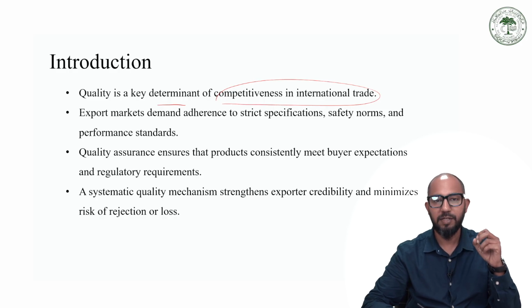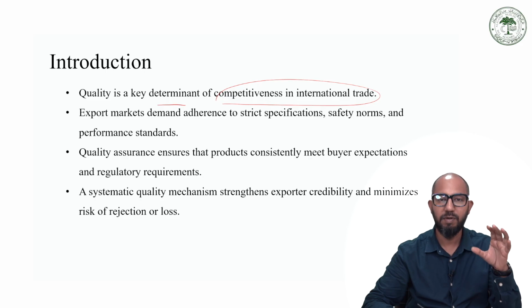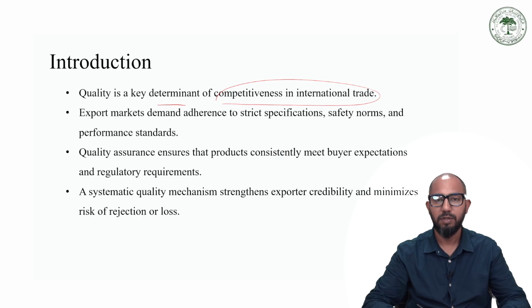We can take the example of automobiles emerging from Germany. Now, these countries have become brand for some type of goods, and because of which they are now renowned countries in terms of specific products. This is the importance of quality in international trade.